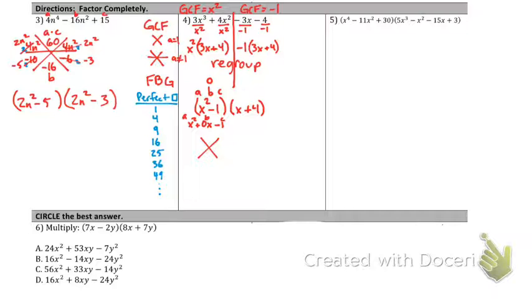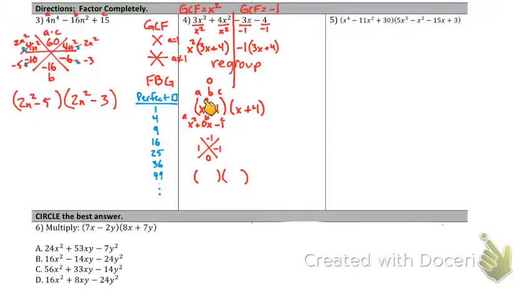A times C is negative 1. My B value is 0. What multiplies to negative 1 that adds up to 0? That's easy. It's positive 1 and negative 1. So this factors into 2 parentheses.